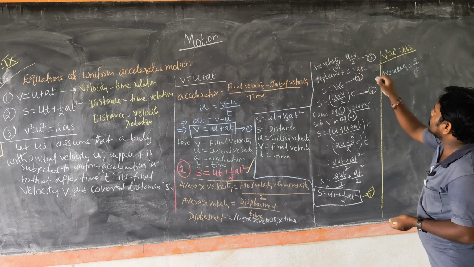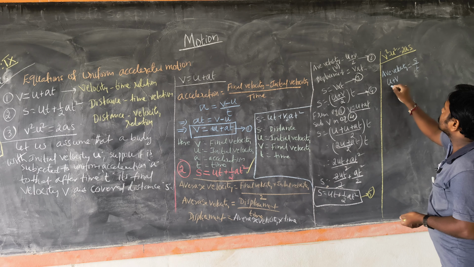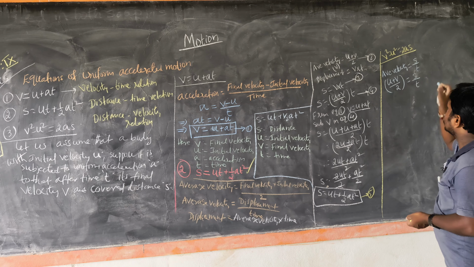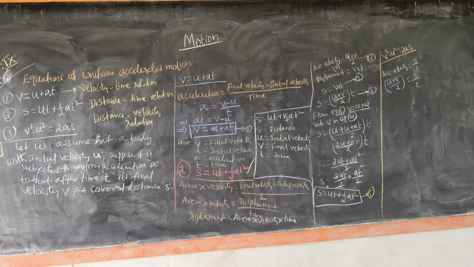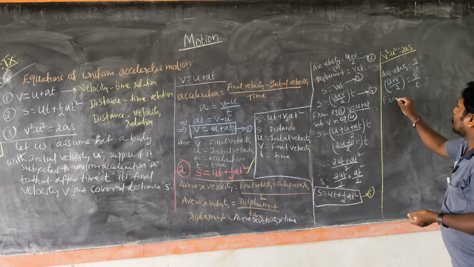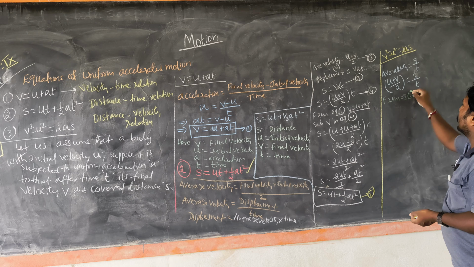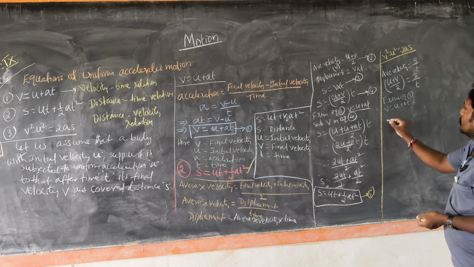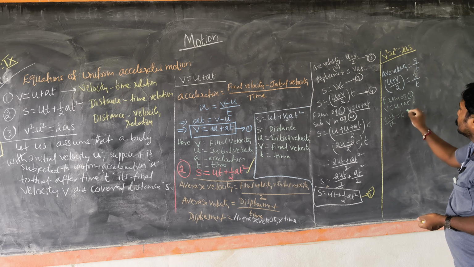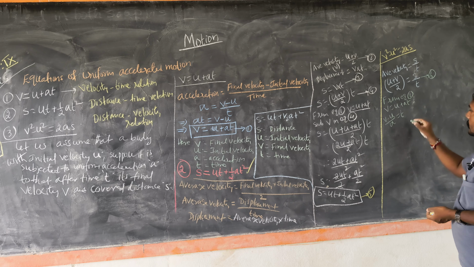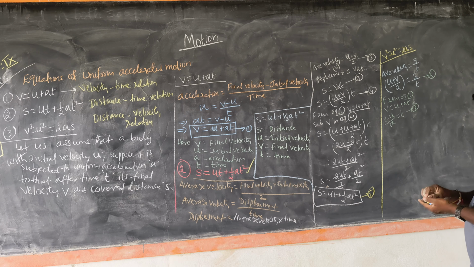Then average velocity, again u plus v by 2, is equal to s by t. From equation 1, v is equal to u plus at. So we can write t as v minus u by a. It is 5, then 6, then 7.